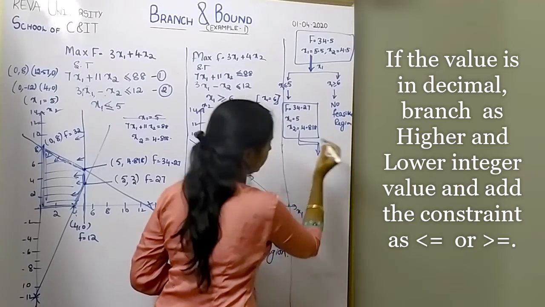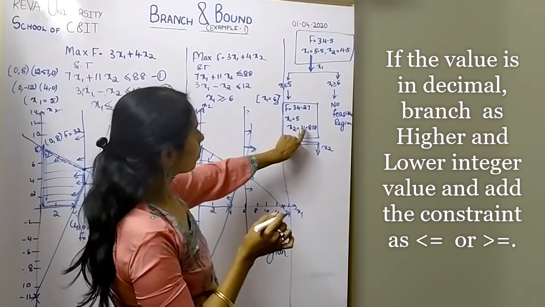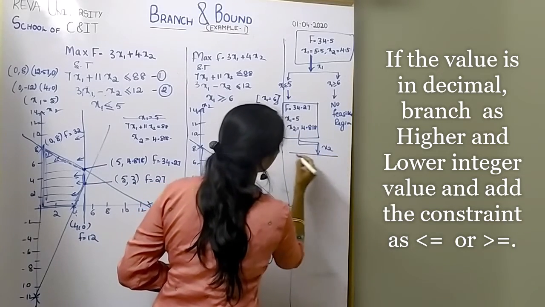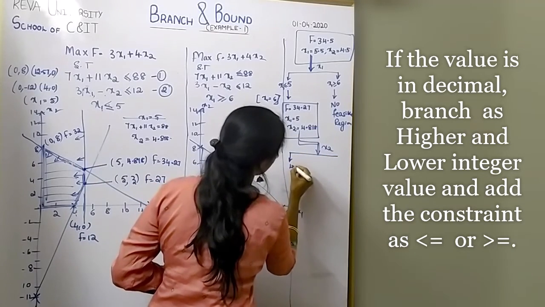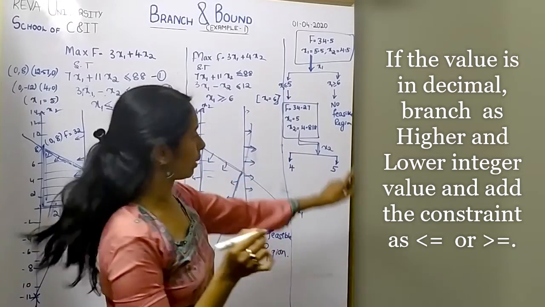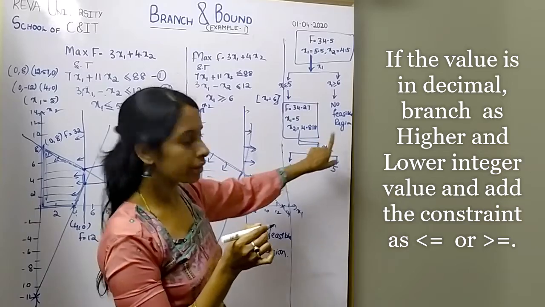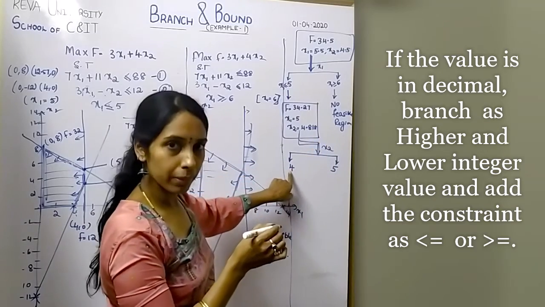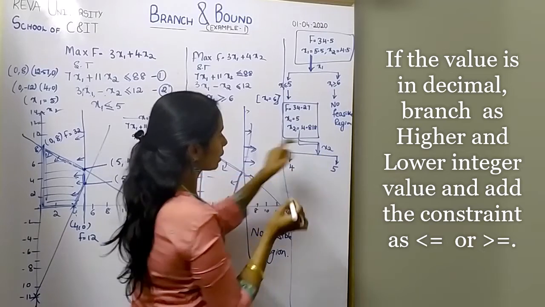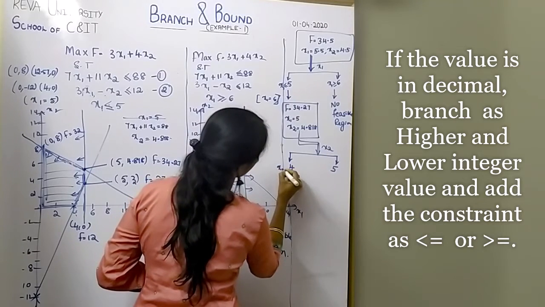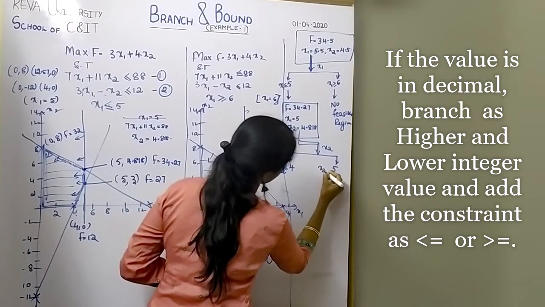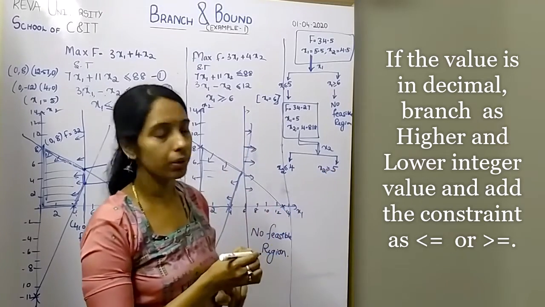The x2 value is 4.818. This value lies between 4 and 5. Again, this is the x2 value. So just add the two constraints. x2 should be less than or equal to 4. x2 should be greater than or equal to 5.